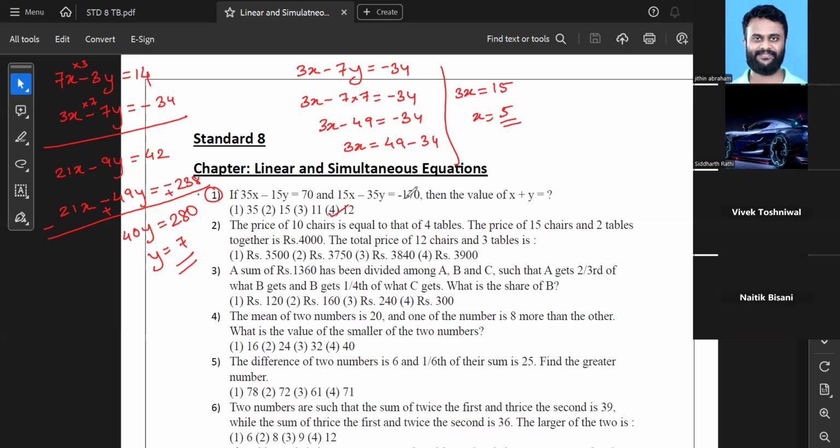Yeah, I'm listening. Sir, how that minus 49y? Acha, over here. I multiplied the second equation by 7. So 7 into 7 minus 7 into minus 7 is minus 49y. Understood? Okay, yes, understood.